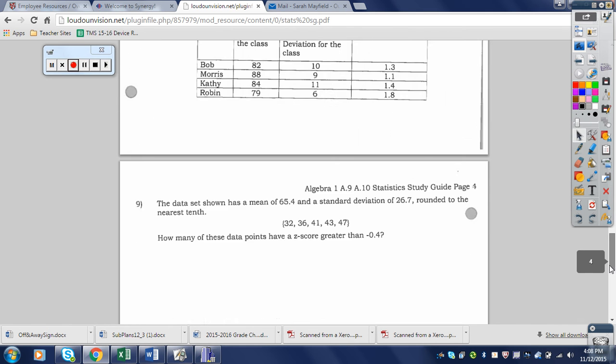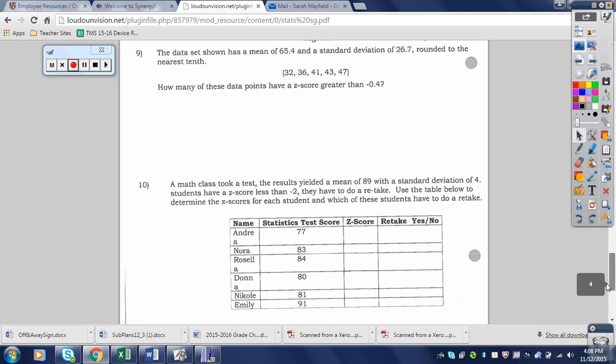Okay. The data shows a mean of 65.4 and a standard deviation of 26.7. How many of these data points have a z-score greater than negative 0.4? So I have to calculate each of these values' z-scores and see which one's bigger than negative 0.4. So I have to do 32 minus 65.4 divided by 26.7.